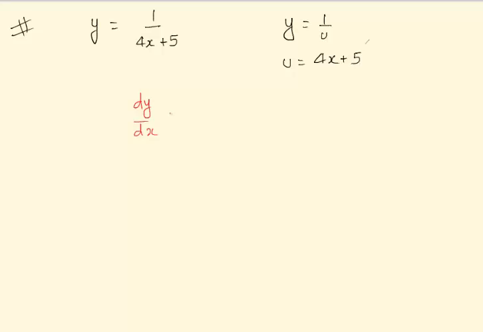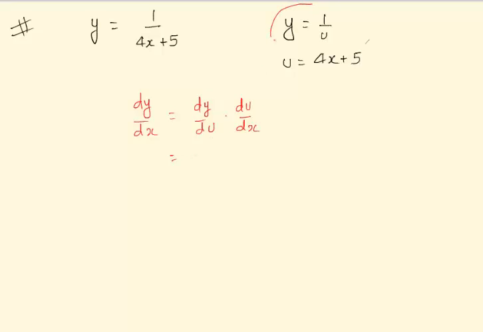Let's take another example. Let's suppose we have y is equal to 1 by 4x plus 5. Here we can try putting y is equal to 1 by u, where u is nothing but 4x plus 5, and use the setup for chain rule, which says dy by dx is equal to dy by du into du by dx. Here you can write y as a function of u.